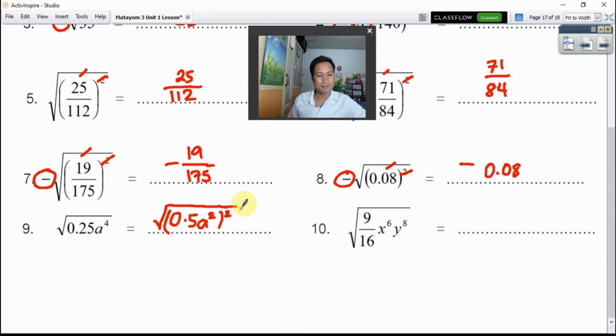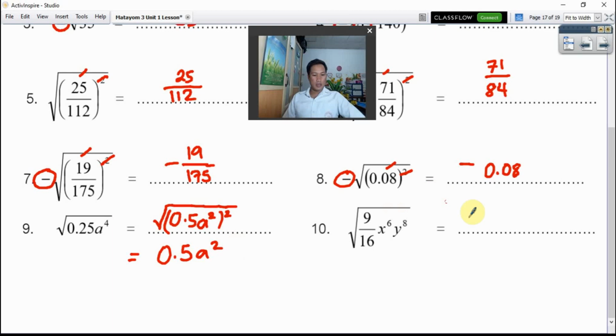Now, do we need the absolute value sign here? Yes or no? Is this an odd number? No. So if it's a no, then no need.